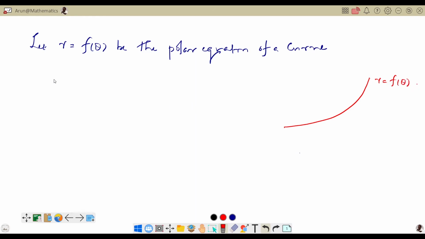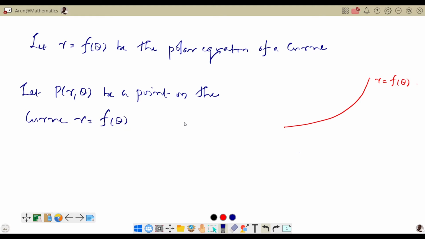Let P(r, theta) be a point on the curve r equal to f of theta.